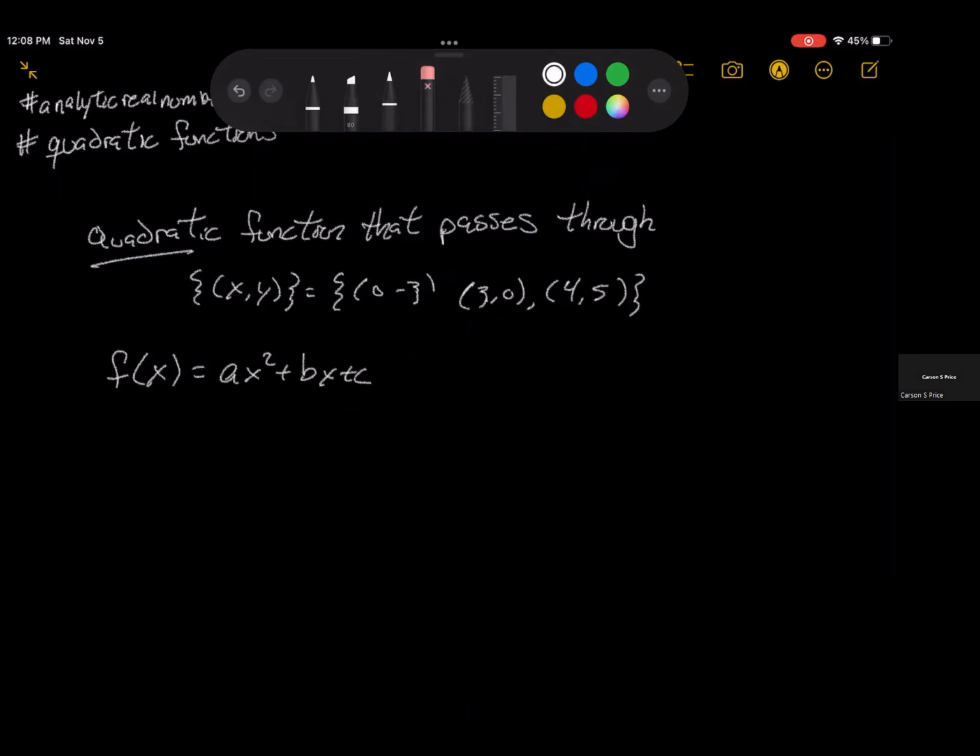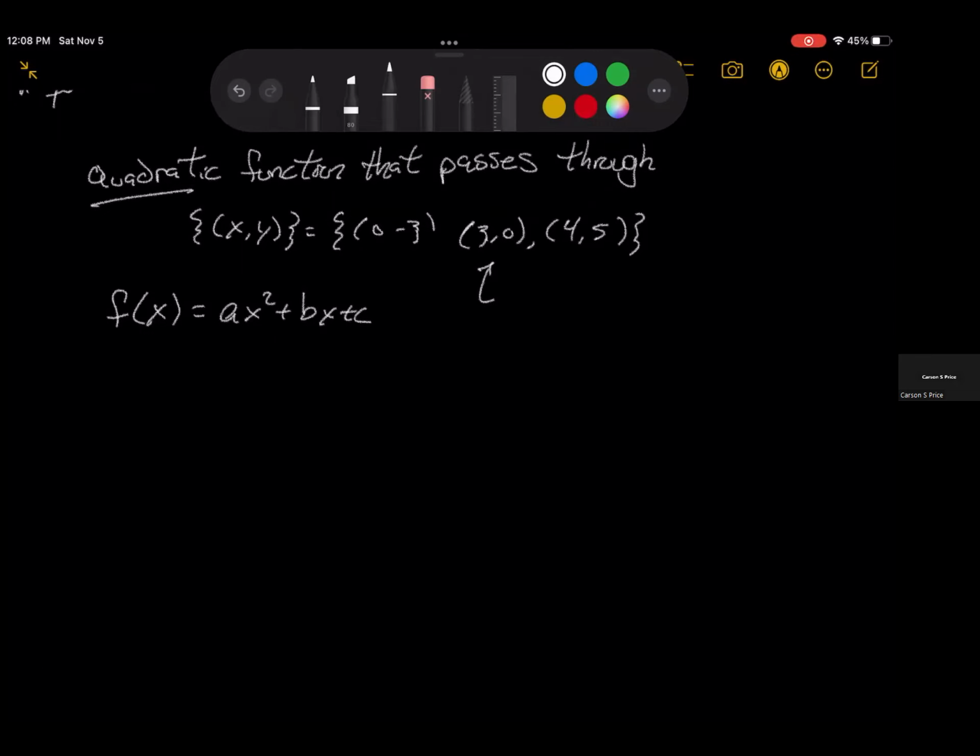Let's look at this point right here, the second point. I know that 3 goes to 0. So in other words, when x is equal to 3, that gives me a root of this equation. Well, that means that x minus 3 is a factor of this quadratic function, right?